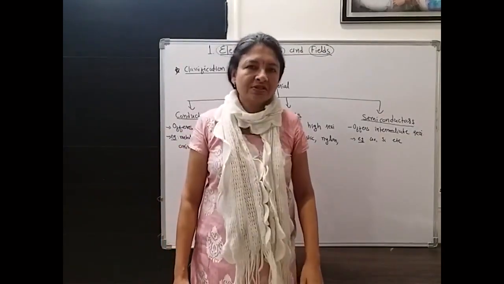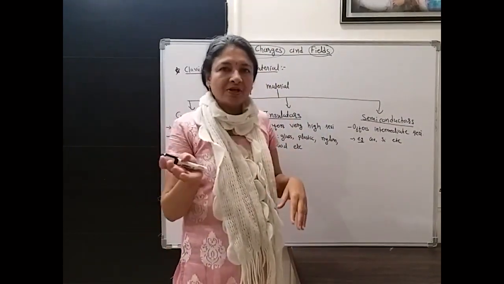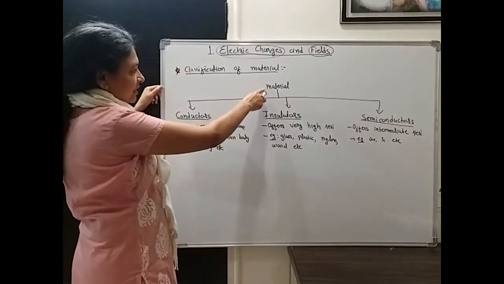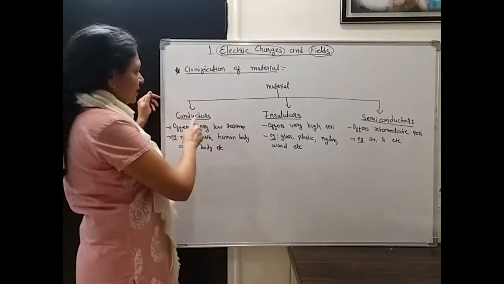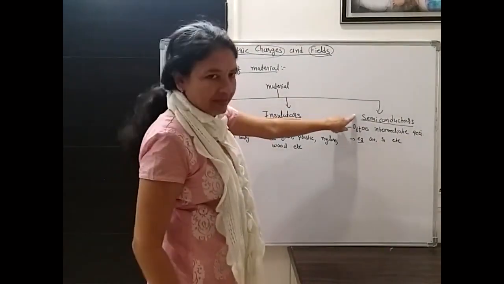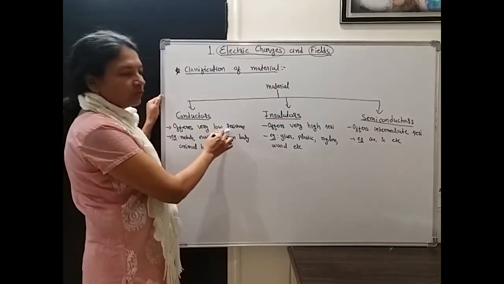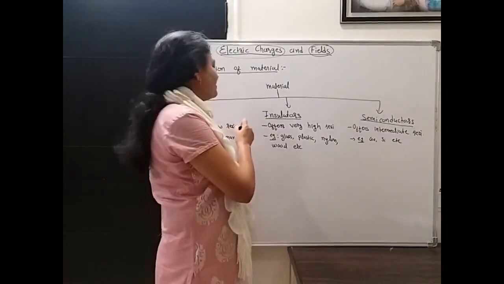Now we have to discuss the classification of materials. We will classify the materials on the basis of their resistance. Any material can be classified into three different parts: conductors, insulators and semiconductors. You know that conductors offer very low resistance, that means electricity can pass through them very easily.